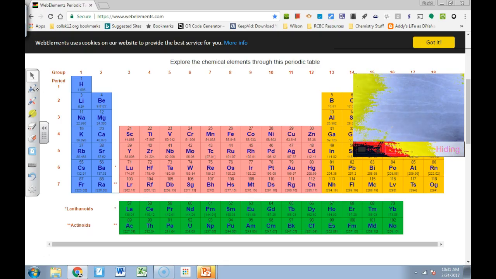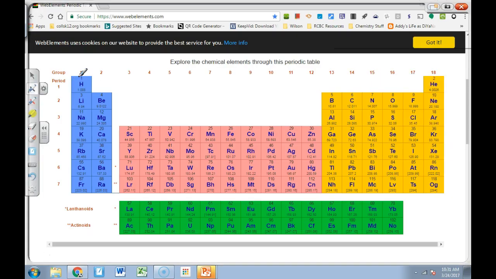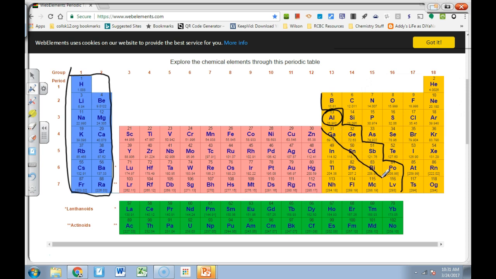So main group elements, main group metals really, are these guys here. Now there are a couple of main group metals over on this side of the periodic table, like aluminum.